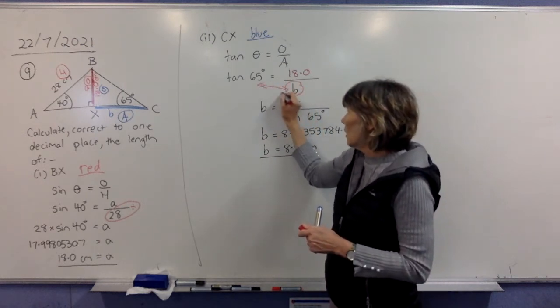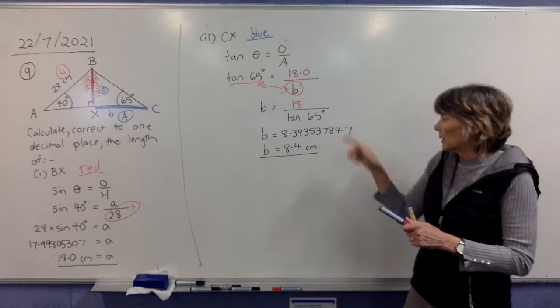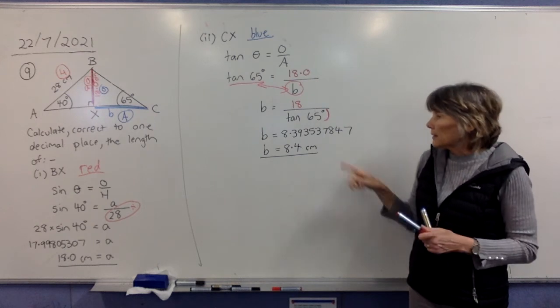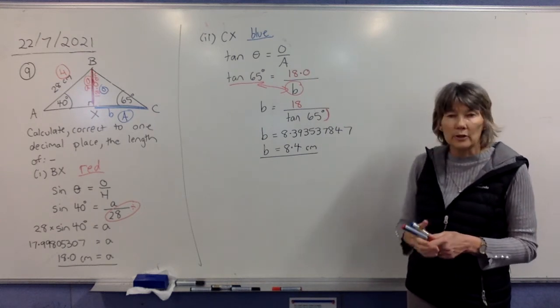So we're going to do our swap, put our B here and our tan 65 on the bottom. Put it in your calculator, don't forget to close your bracket off. And that's the answer you get. Round it off to one decimal place, and that's your final answer.